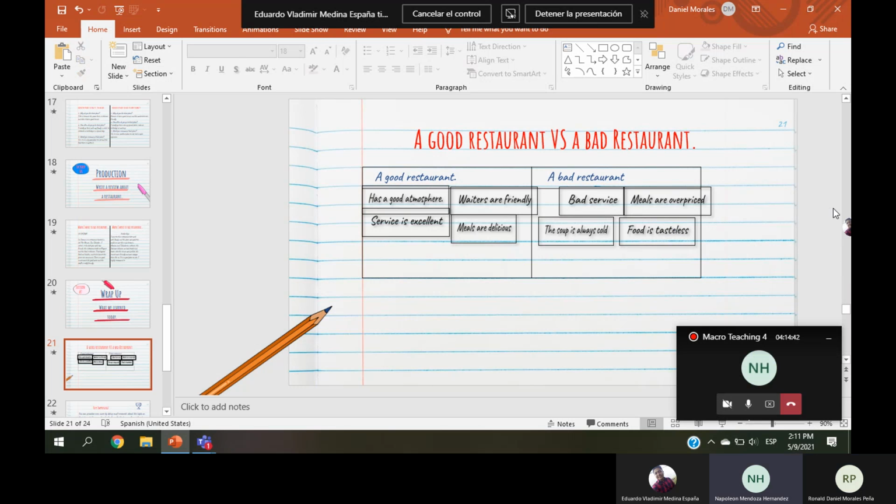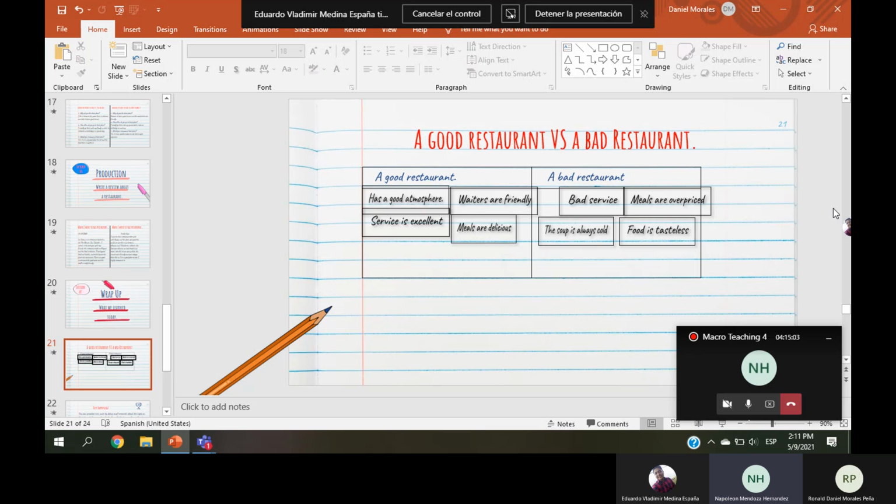Okay, I am going to read. Good characteristics: a good atmosphere, excellent service, waiters are friendly, meals are delicious.